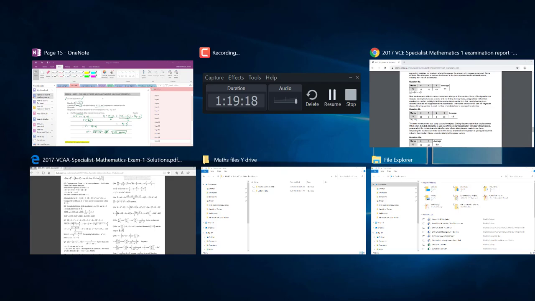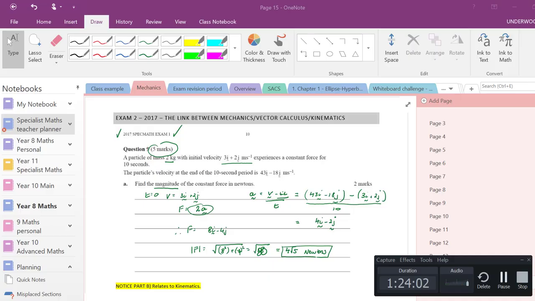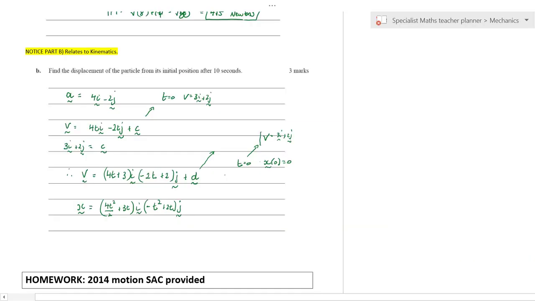Let's just have a little think about this. Okay, so I just had a little bit of a think about it. At t equals 0, v equals 3i plus 2j. So we've got to find this constant here first. We're almost there, but we're just not quite. So t equals 0, v, so 3i plus 2j is equal to 3i plus 2j.